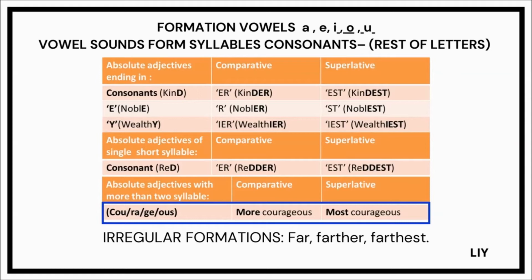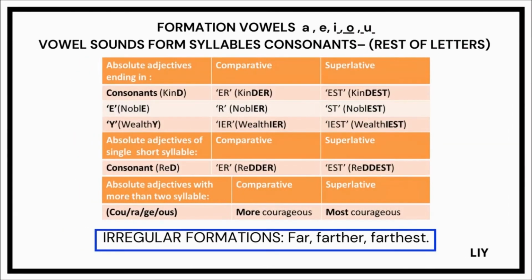Now, there are some other exceptions of adjectives which do not fall into any of these categories. They have their own formations. An example of such an irregular formation would be the adjective far. The comparative degree is farther and the superlative degree would be farthest.